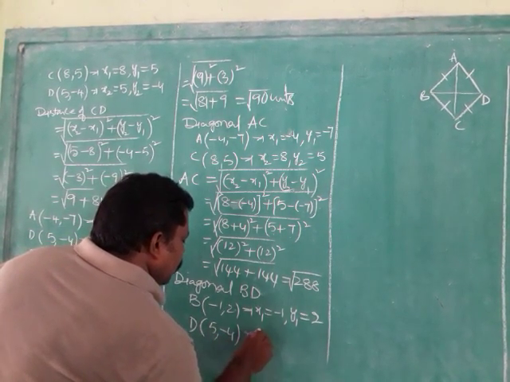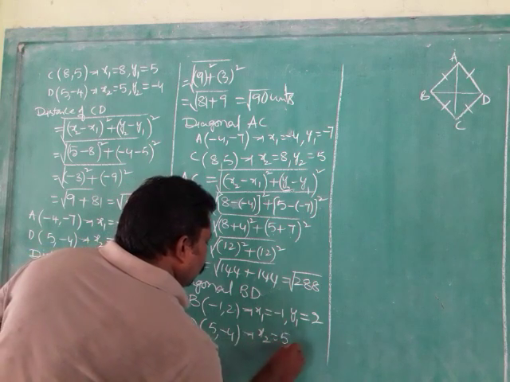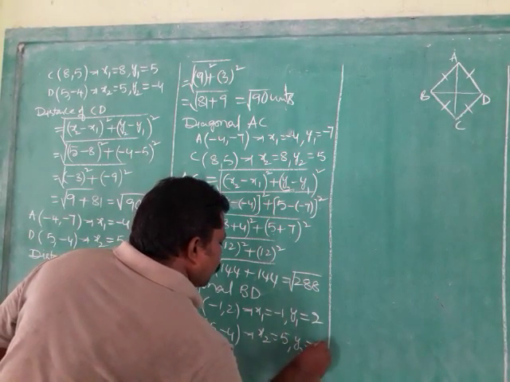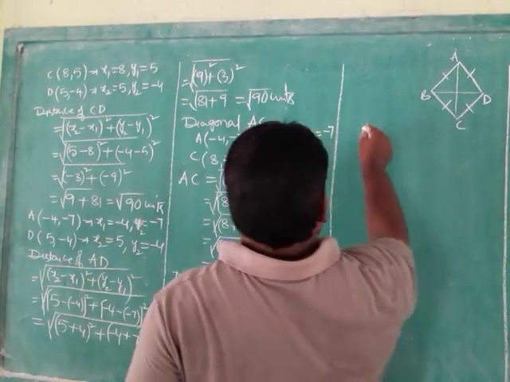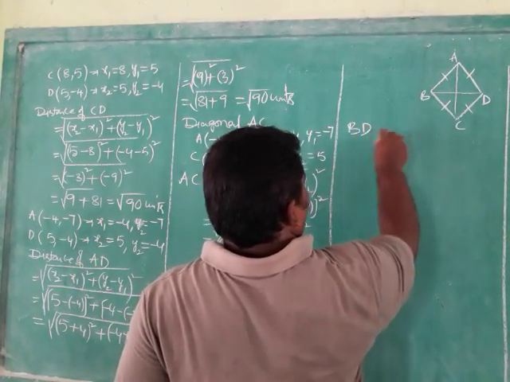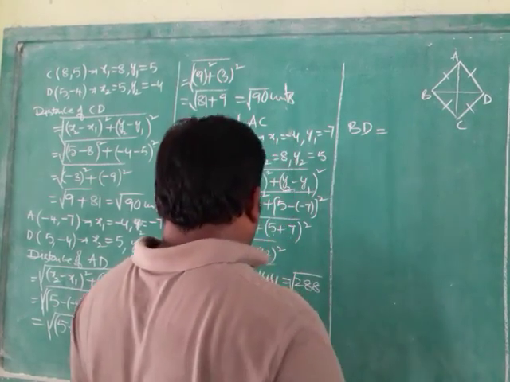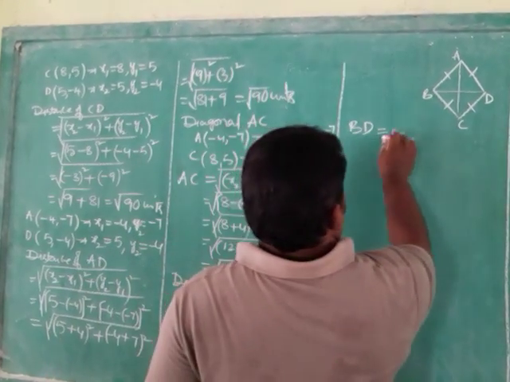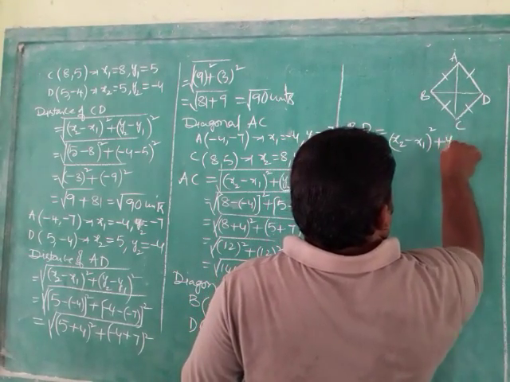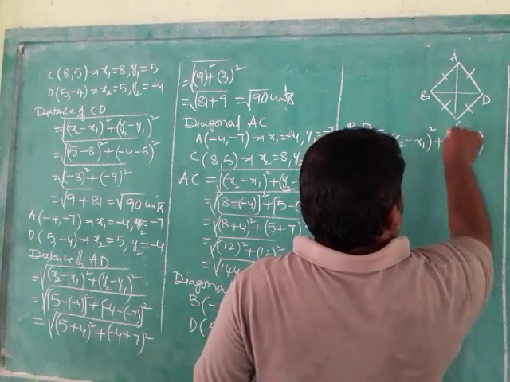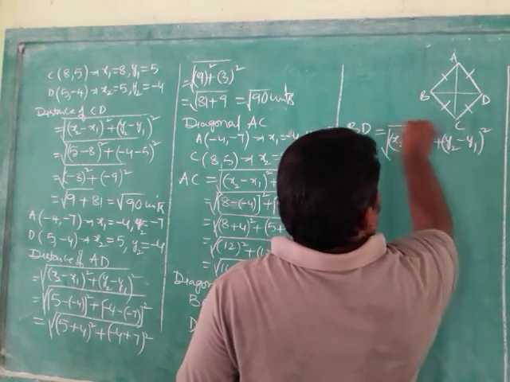That implies x2 is equal to 5, y2 is equal to -4. Therefore, BD is equal to √[(x2 − x1)² + (y2 − y1)²].